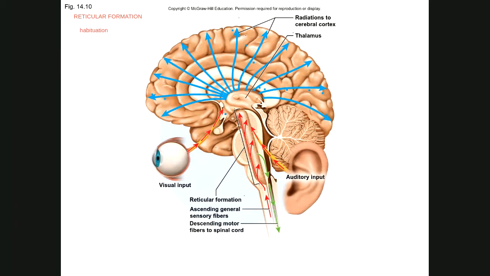Now, habituation refers to the process of the brain ignoring repetitive, continuous stimuli while remaining sensitive, right? While remaining sensitive to other abilities. Again, the process of the brain ignoring repetitive, continuous stimuli while remaining sensitive to other abilities.